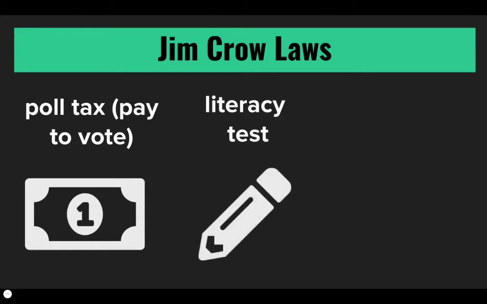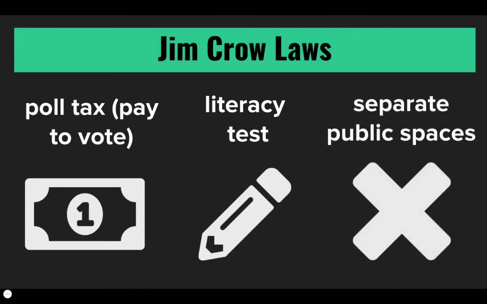We have literacy tests, which again were literal quizzes and tests that Black people had to take in order to prove that they were educated enough to vote. These 2 things are now, of course, completely illegal. And of course, the separation of public spaces, like the photograph I just showed you. Those are examples of laws that were put on the books, passed by local governments and state governments, in order to ensure segregation or separation, and have white people in power above all other types of people.